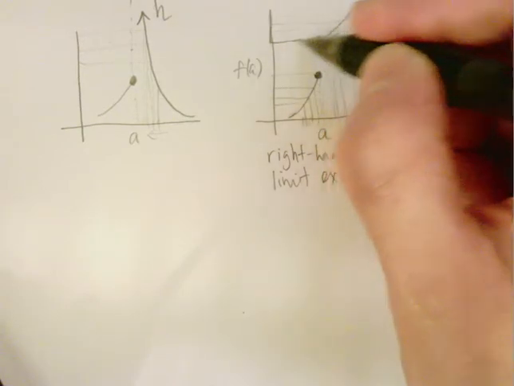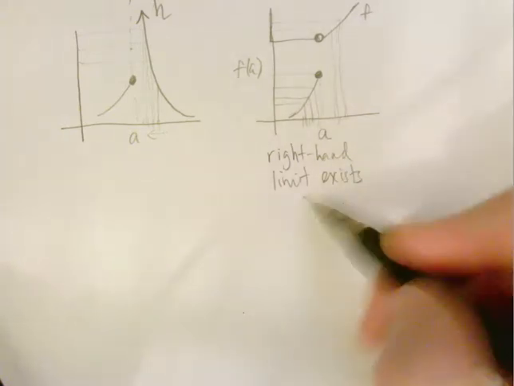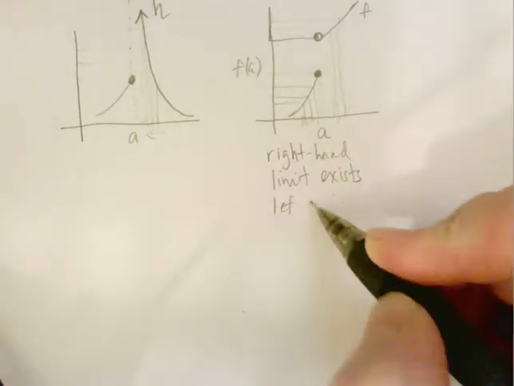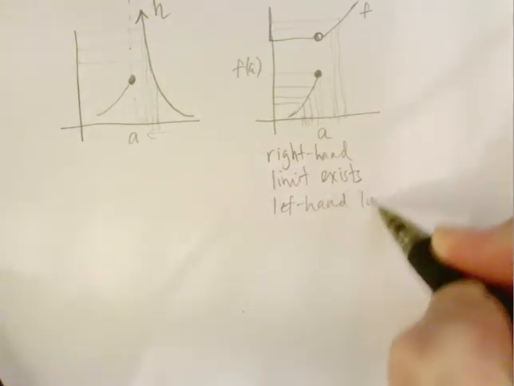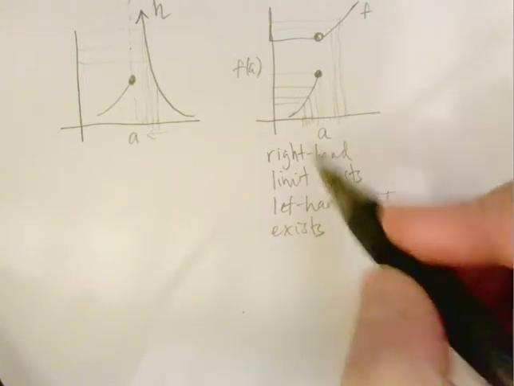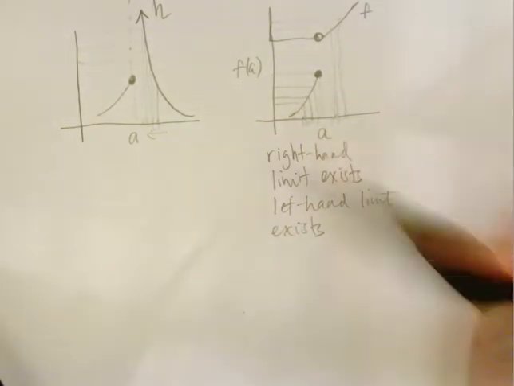What value is it? Exactly this value, whatever it is. So the right-hand limit exists and the left-hand limit exists. Sorry, from here this was the left-hand limit, and from here this is the right-hand limit.